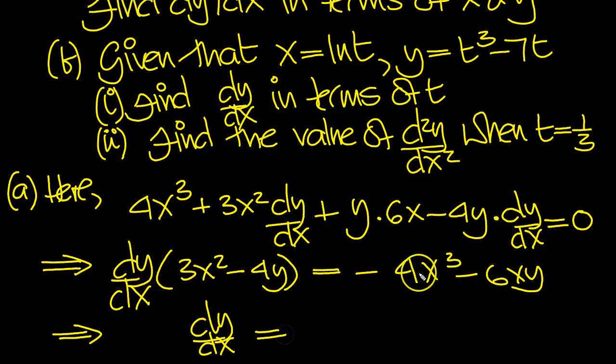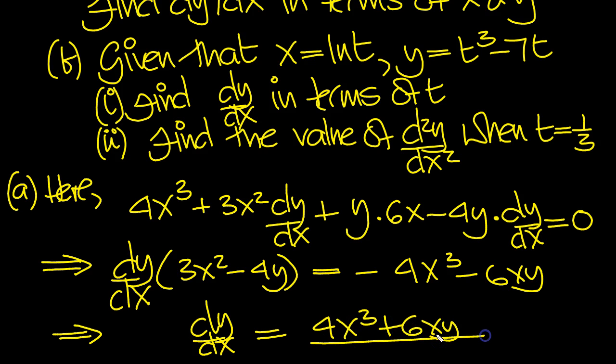And I'm going to flip the sign here and write 4x cubed plus 6xy. So I've times through by a minus, times the bottom through by a minus as well, and that makes that a plus, and this term becomes a minus. So there's dy/dx then, as a function of x and y.